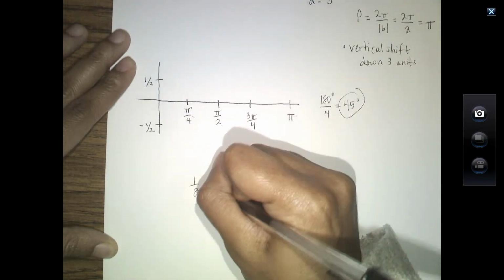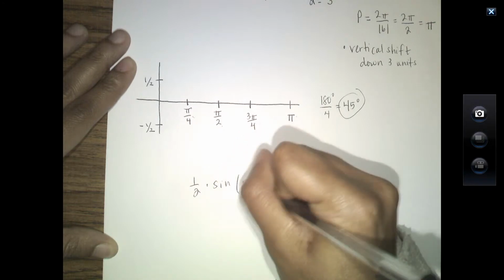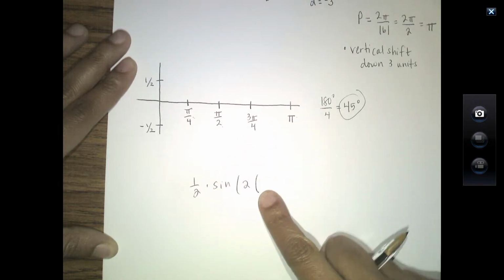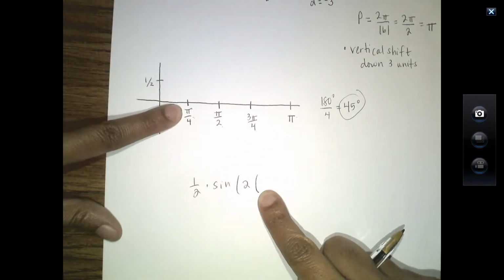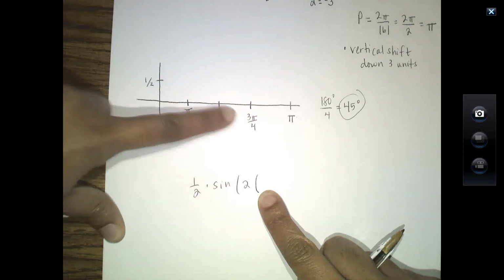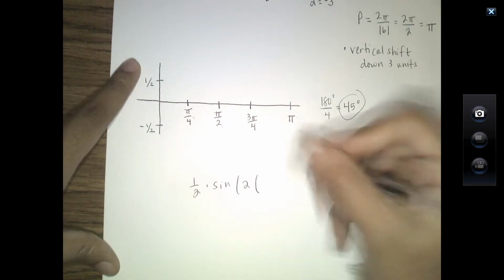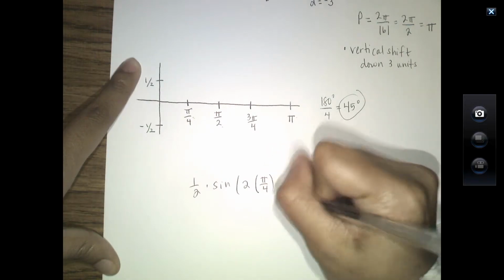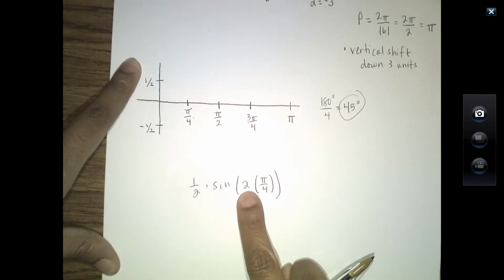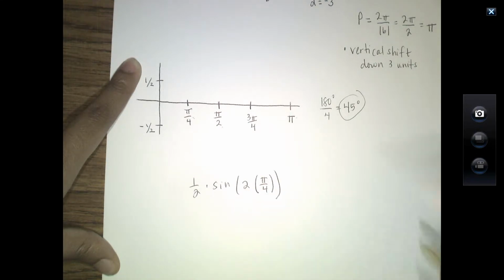1/2 times the sine of 2x. Now remember, x is in radians, so I'm going to take these different radians here, and I'm going to plug them in for x, and then I'm going to spit out a value. So when I plug in pi over 4, all you're doing is basically 2 divided by 4, which is 1/2.